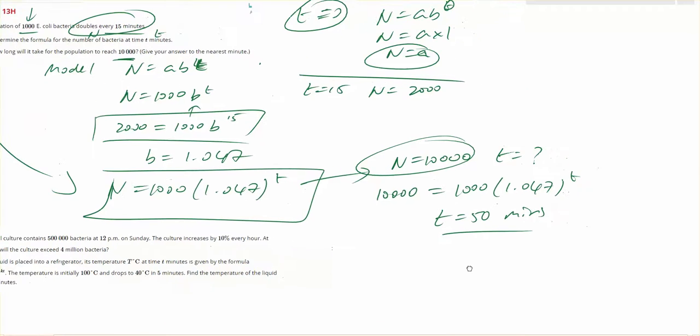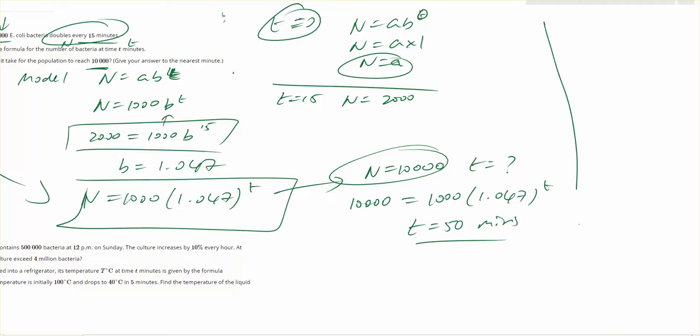There is an alternative method you can use, called the regression tool. For the regression tool, we know we have two data points: at t equals 0, n equals 1,000, and at t equals 15, n equals 2,000.